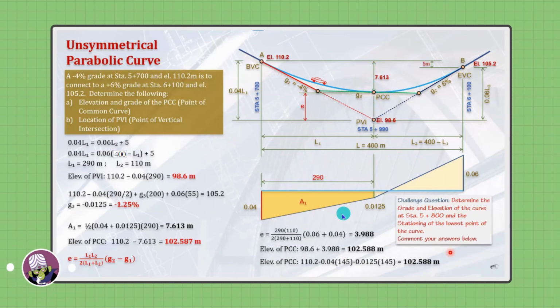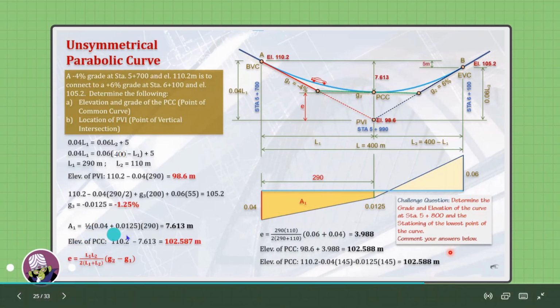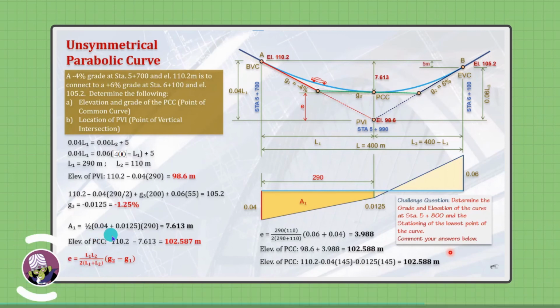To get the elevation, we need to add 0.04 plus 0.0125 and take half of it, multiplied by 290, which is here, because the PCC is under here at this part.